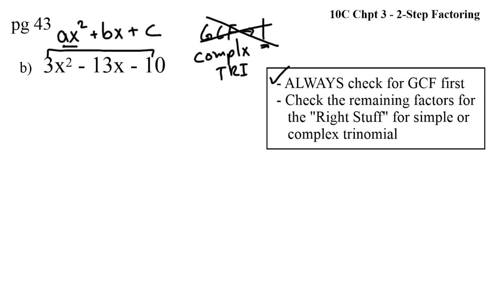A times C: 3 times negative 10 is negative 30. So we need two numbers that multiply to negative 30 but add to negative 13. What's going to multiply to negative 30 but add to negative 13?